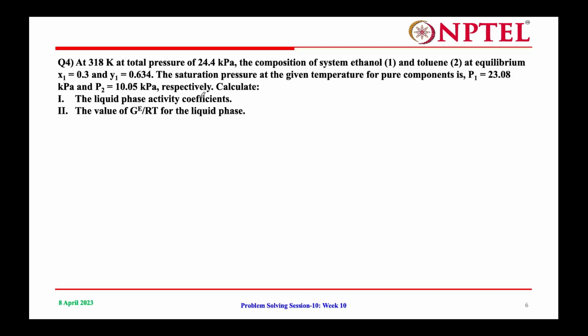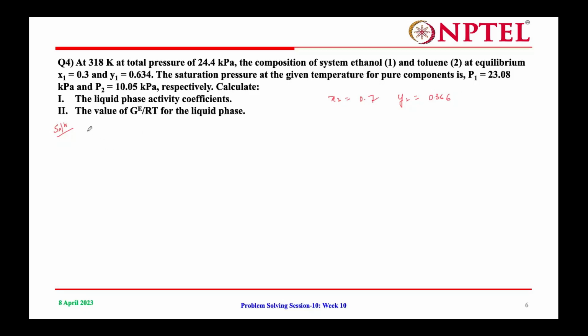This is also the same concept. Here x1 and y1 are given, so x2 equals 1 minus x1, which is 0.7, and y2 is 0.36. The vapor pressures are also given.